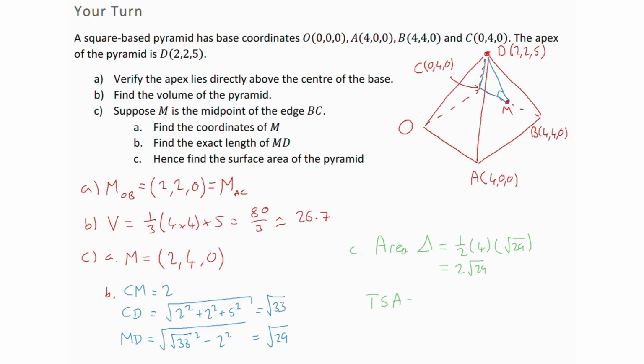So the total surface area is going to be equal to 4 lots of that. So 4 lots of 2 root 29, because there are 4 triangles, plus the square on the bottom, which was 16. So we have 8 root 29 plus 16, which as a decimal is equal to 59.1 for our total surface area.